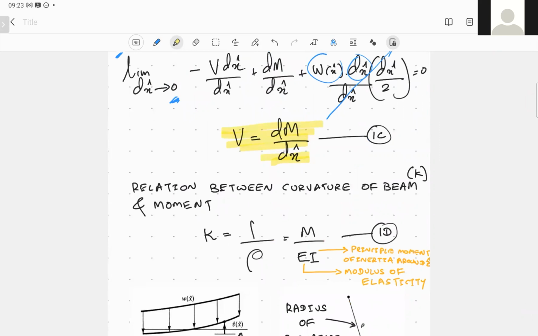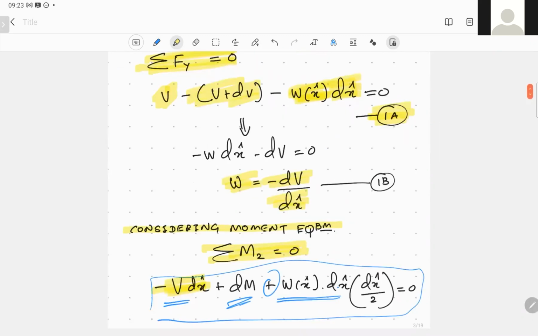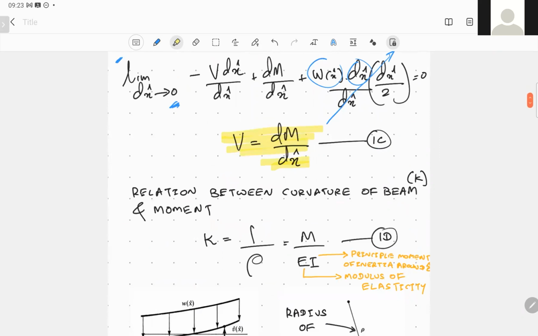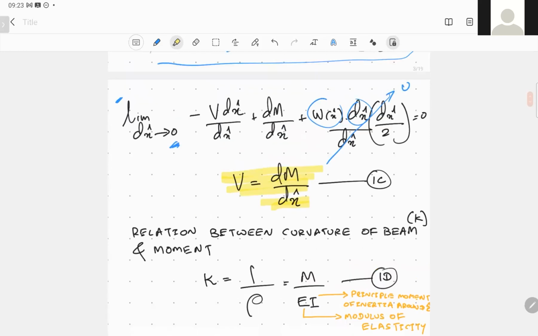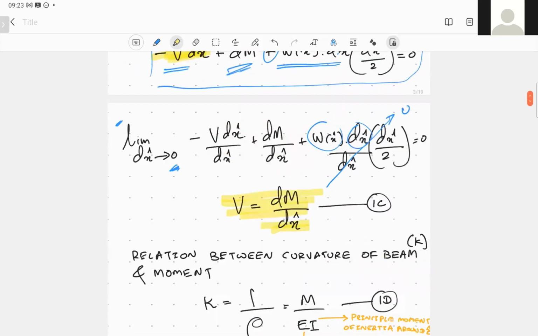So now it's really convenient that you have a relationship for the distributed load in terms of the shear force acting along the beam, and also a relationship for the shear force with respect to the bending moment applied along the beam, or in this case applied at different nodes. So you have interconnection between the different physical parameters.